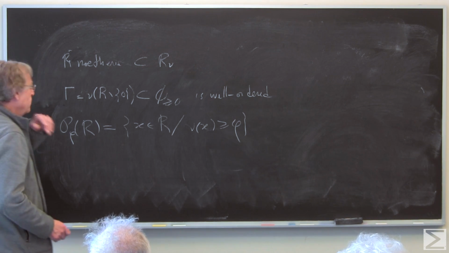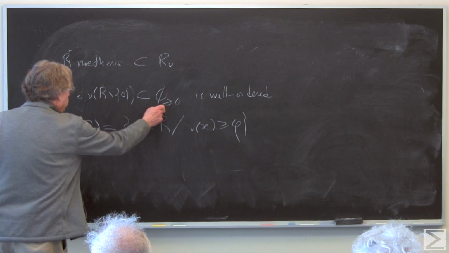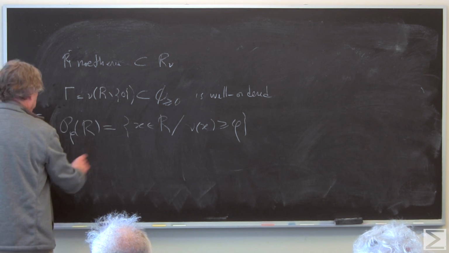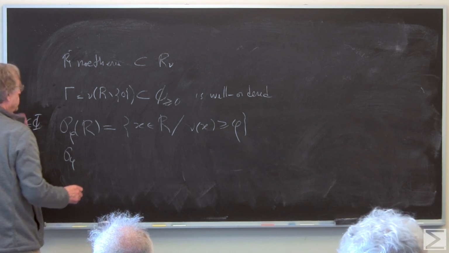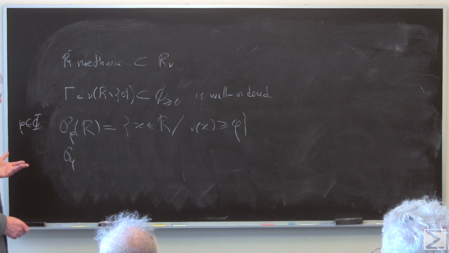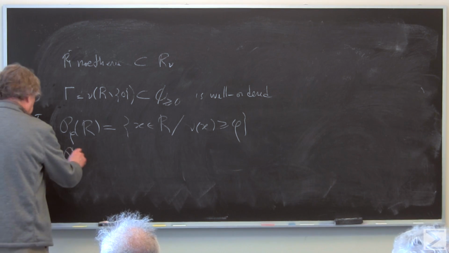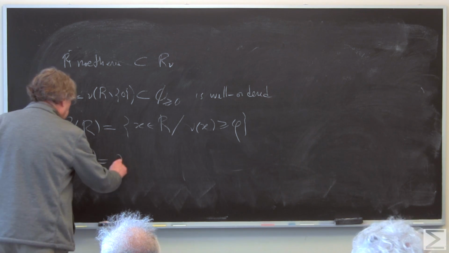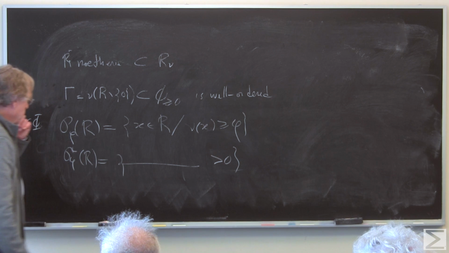In the general case, phi may not have a successor. There may not be a smallest element which is greater than phi, so we define another ideal, which always makes sense by simply putting a strict inequality here.